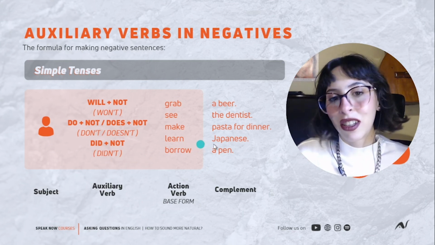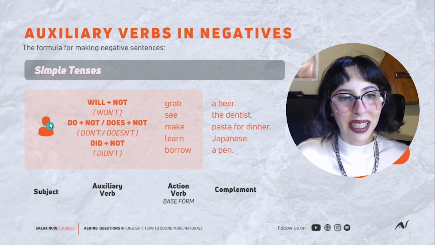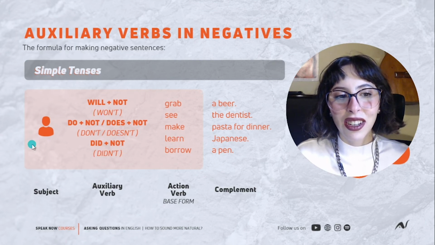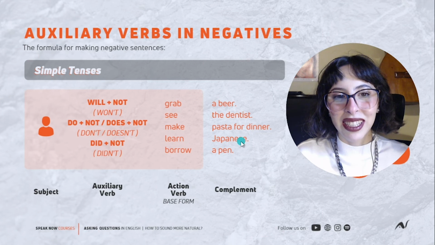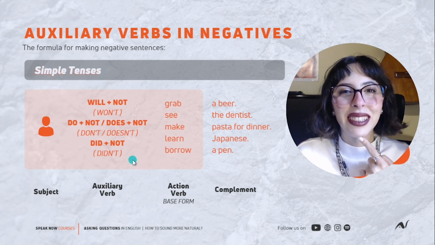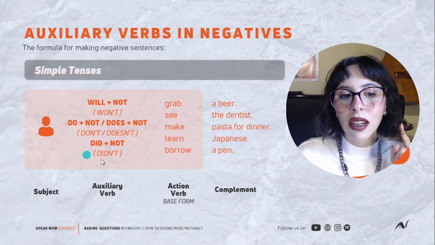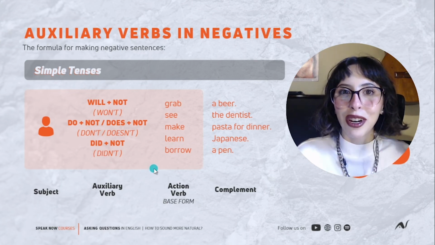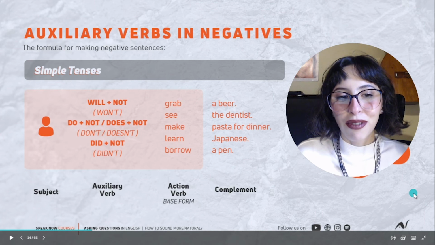She didn't learn Japanese. Repeat, please. Again, she didn't learn Japanese. Remember the pronunciation? Didn't. Again. Excellent. Very good. See, you sound much more natural already.